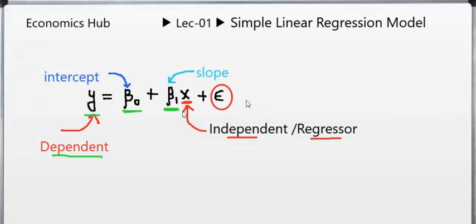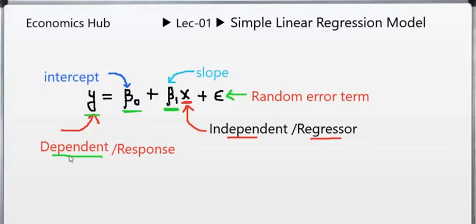But when we are studying econometrics, we need to calculate this error term. This is the difference between them, and it's known as a random error term. And another name for the dependent variable is the response variable.